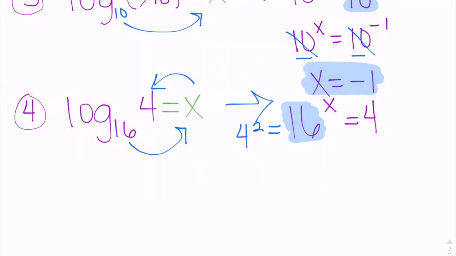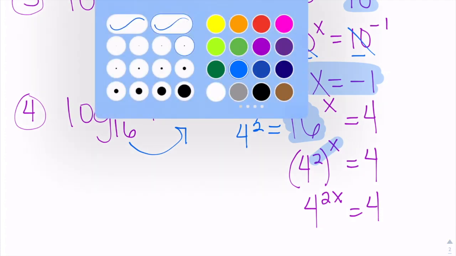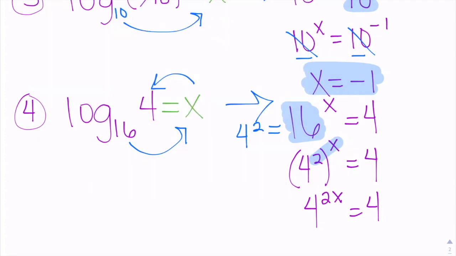And so we're going to rewrite this to be 4 squared to the x power equals 4. And so now remember from your exponent properties that when you have a power raised to a power like this, you multiply them together, so this becomes 4 to the 2x equals 4. And then also remember that if there's no exponent written in, it's an unwritten exponent of 1.